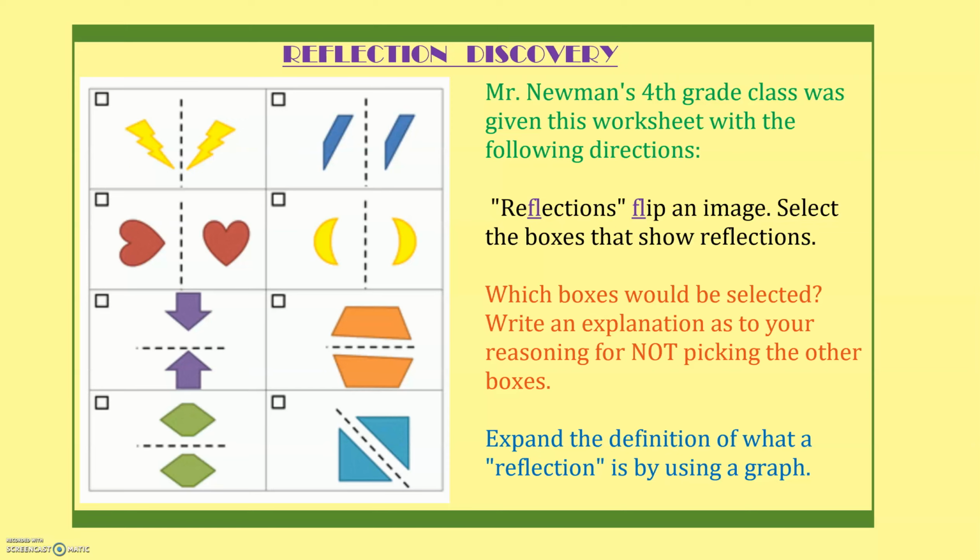The green is absolutely a reflection, and the teal triangles are also a reflection. So good job. Now that we've explained that worksheet, I would love for you to pause the video and expand the definition of what you think reflection actually means. And in that definition, use the word graph.